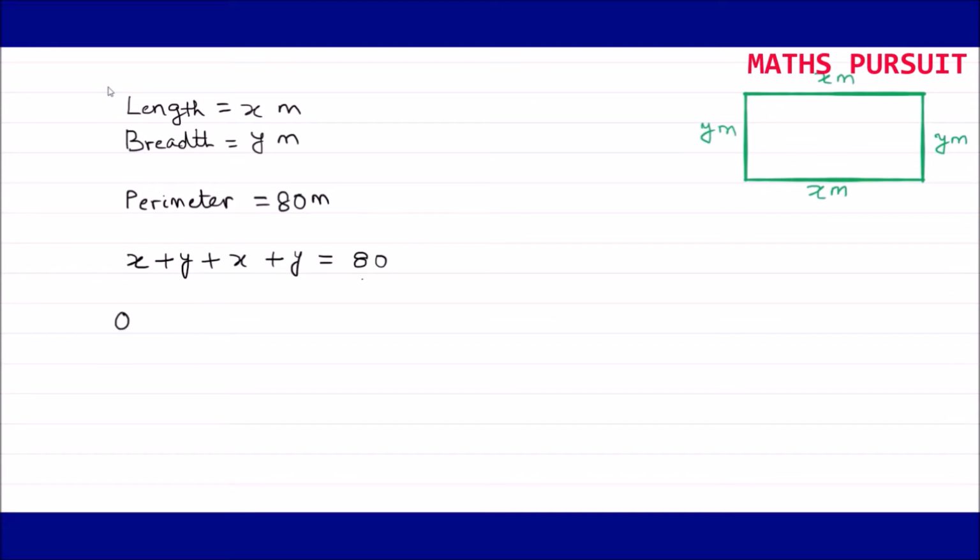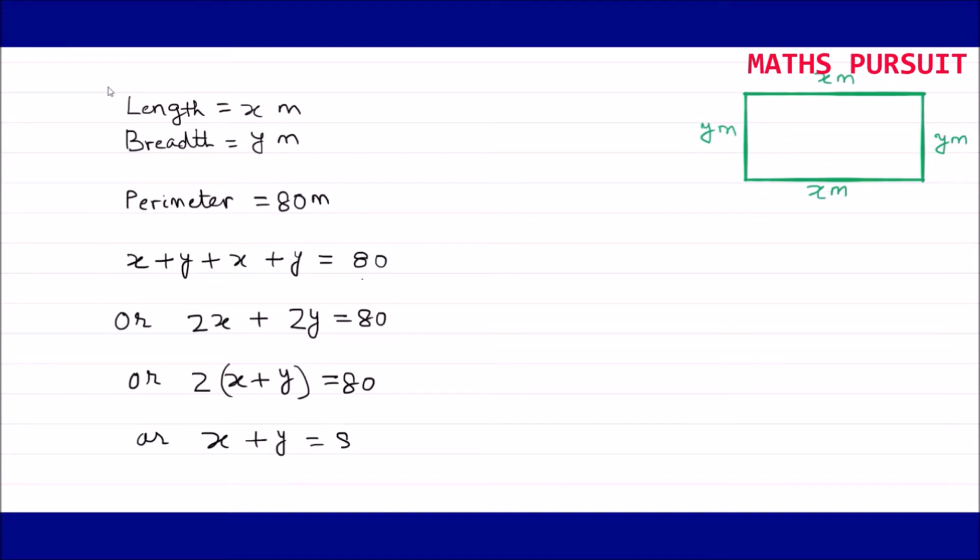Or I can write 2x plus 2y is equal to 80. Taking 2 as common, x plus y is equal to 80 upon 2, just moving 2 to the right side of the equation.